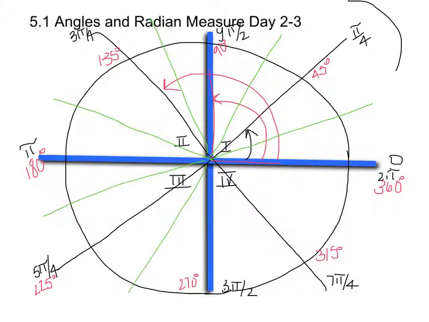So it can look like this. So 1/12 of a revolution, or 1/12 of 2 pi, would be 1 pi over 6.